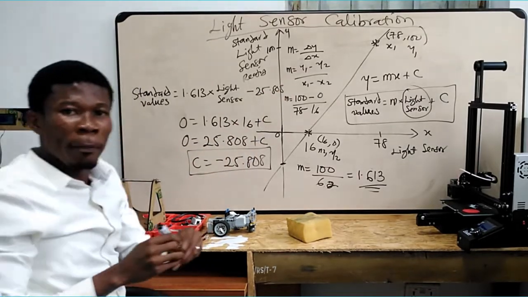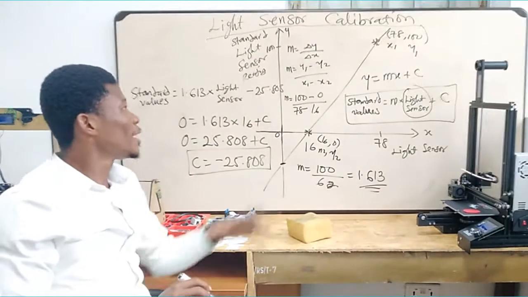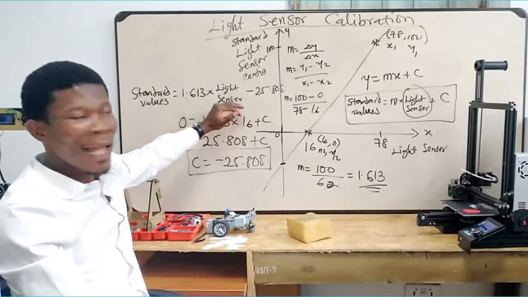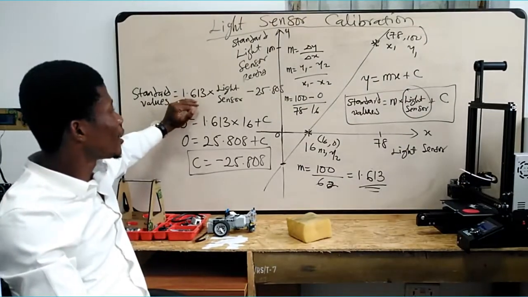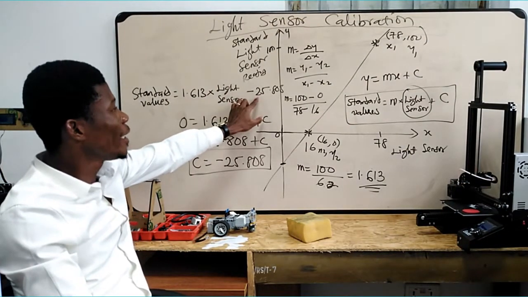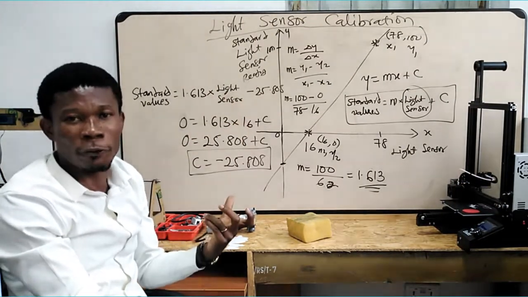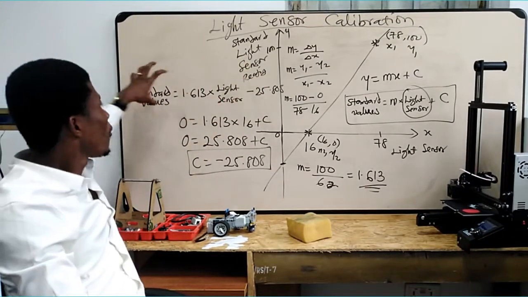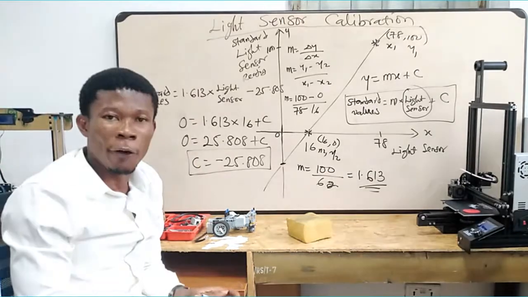What we mean is that instead of using the raw light sensor values, whatever the robot measures from the light sensor has to be multiplied by 1.613 and then 25.808 subtracted from that result before we get a resultant value fit for being used to control our robot.